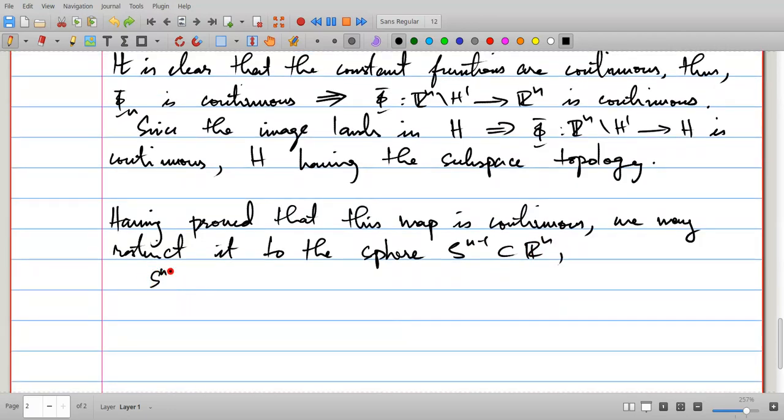Precisely, Sn minus 1 is defined as those tuples x1 through xn in Rn such that the summation of xi squared is equal to 1, with i running from 1 to n.